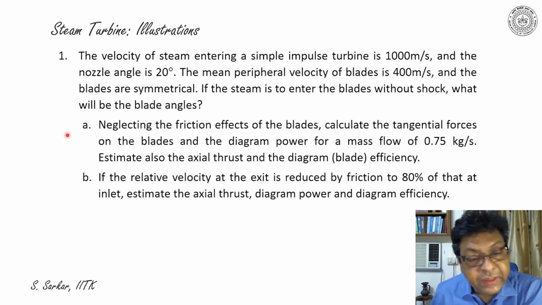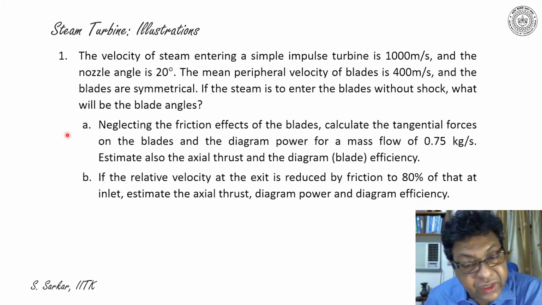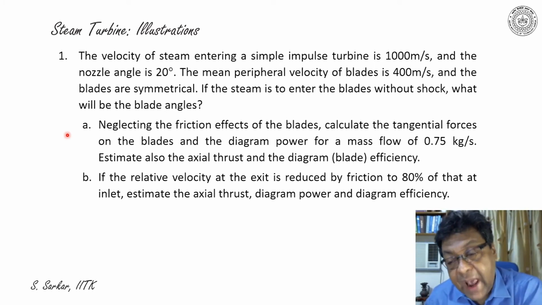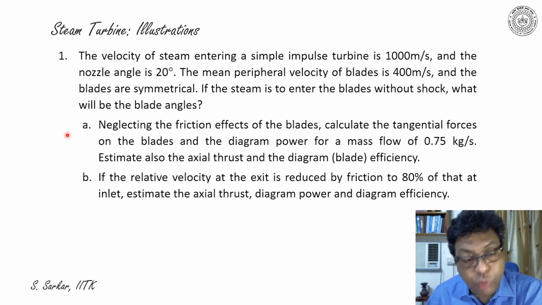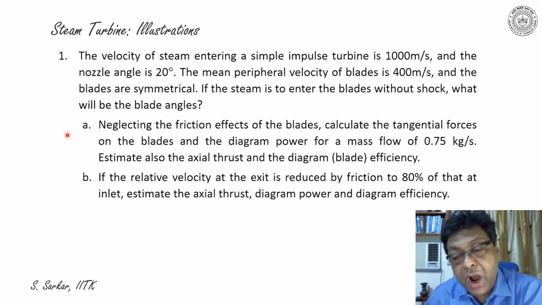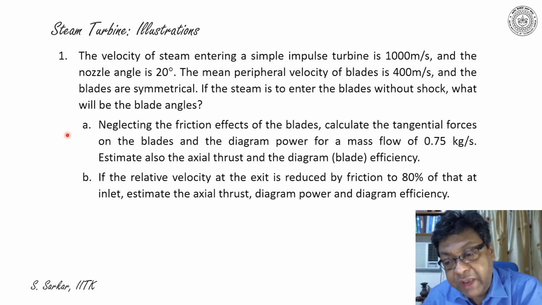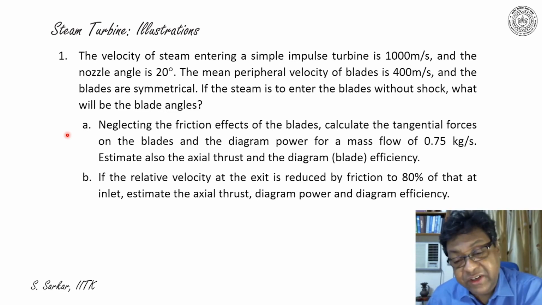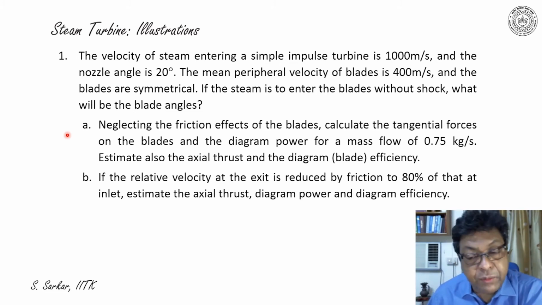Part A, neglecting the frictional effects of the blades, calculate the tangential forces on the blades and the diagram power for a mass of 0.75 kg per second. Estimate also the axial thrust and the diagram or the blade efficiency.